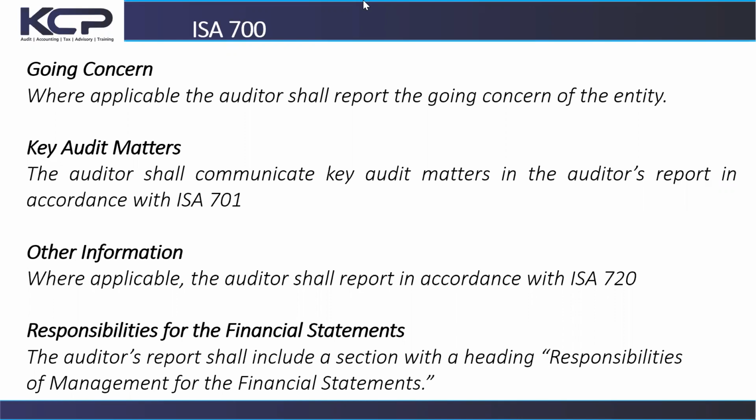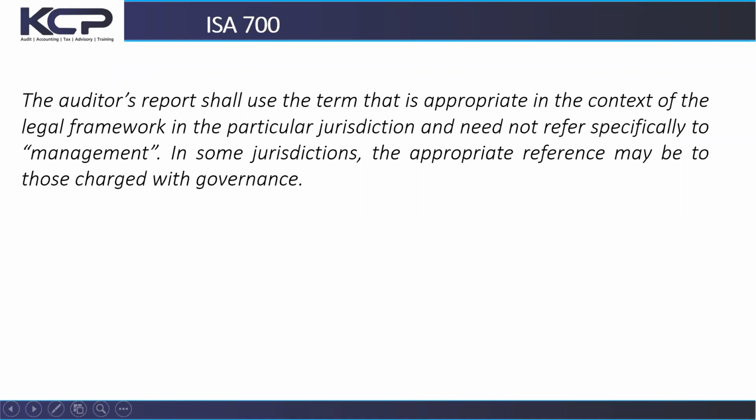Then the auditor's report shall include a section with a heading, responsibility of the management for the financial statements. The auditor's report shall use the term that is appropriate in the context of the legal framework in particular jurisdictions, and need not refer specifically to management.